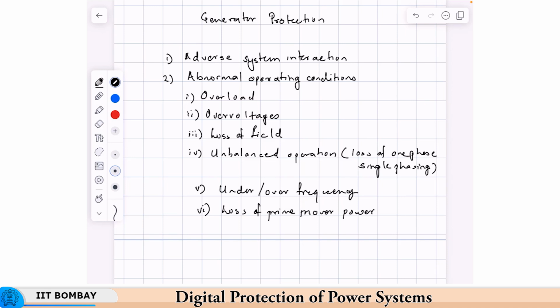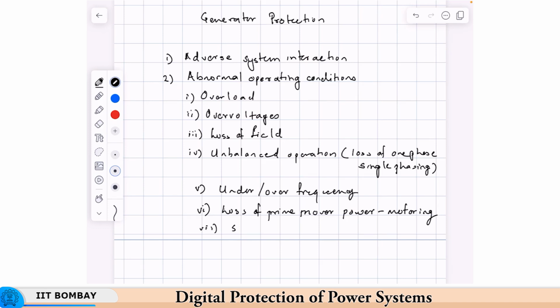You need mechanical input to the generator, that could be in the form of steam turbine for steam and gas generators or even nuclear powered generators, but for hydro generators it could be a hydro turbine. So, if that is lost, then the generator could go into motoring mode. Okay. So, we need to protect against that also.